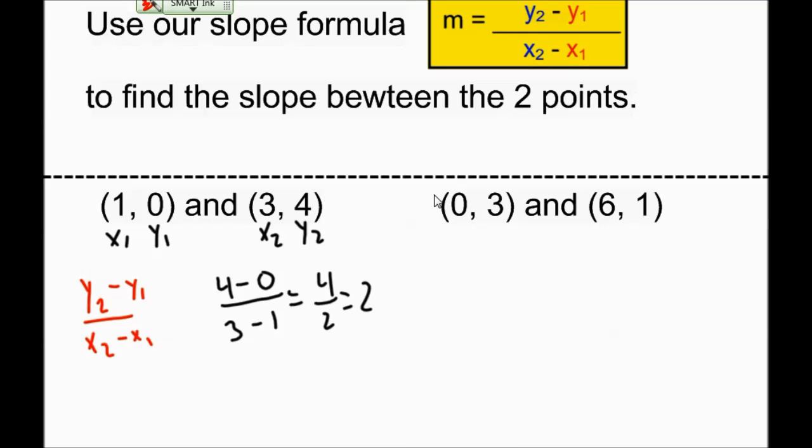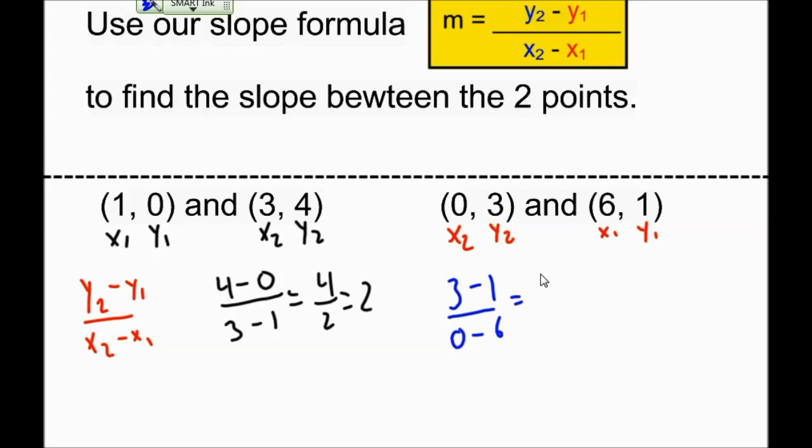Let's try again. So for this one, I'm going to label this, let's make it a little different. I'm going to say this is x2, y2, this is x1, y1. This is what I was talking about earlier. So long as those subscripts match, and these subscripts match, it doesn't really matter which order you do it in. So again, I'm going to do y2, 3, minus y1, 1, over x2, 0, minus x1, 6.